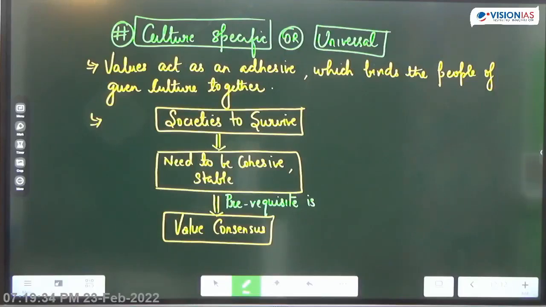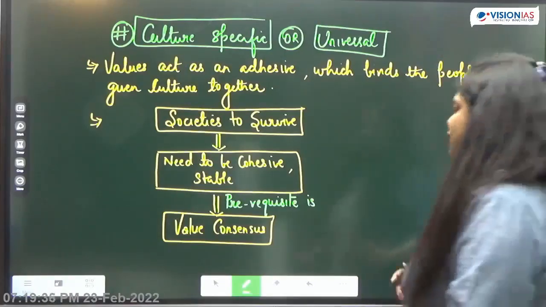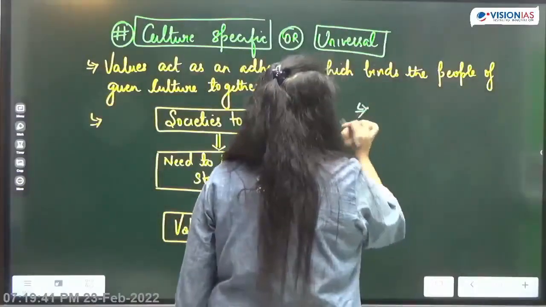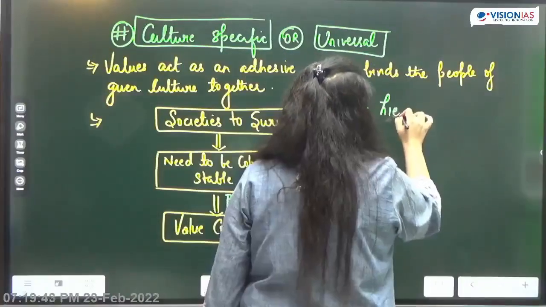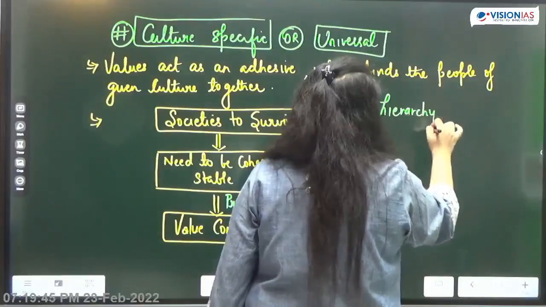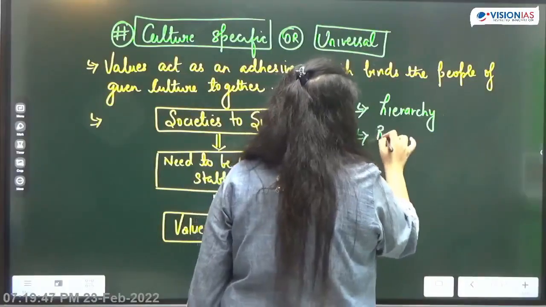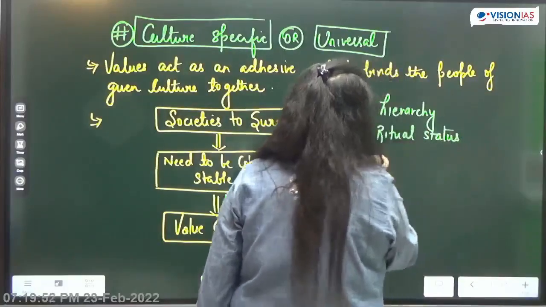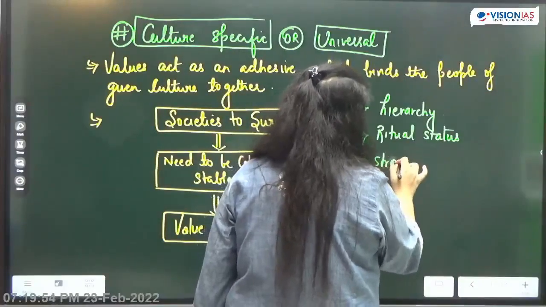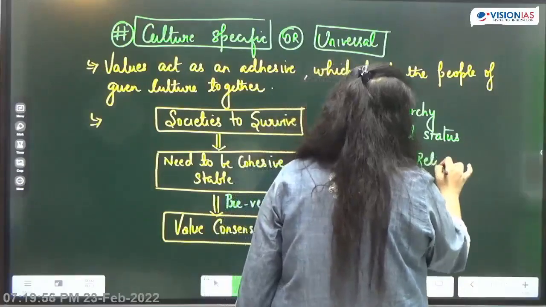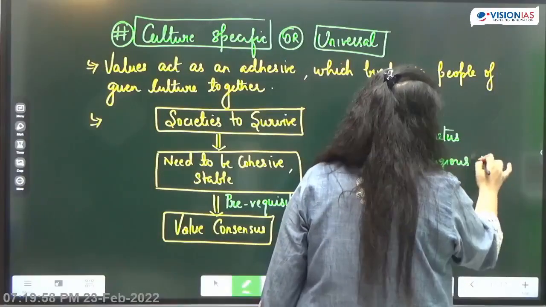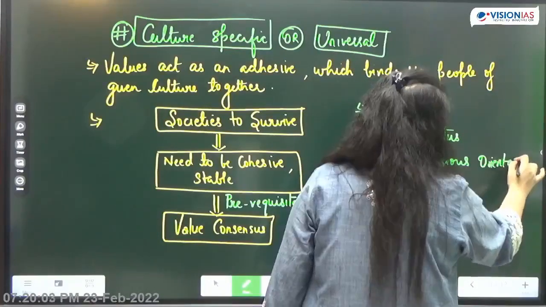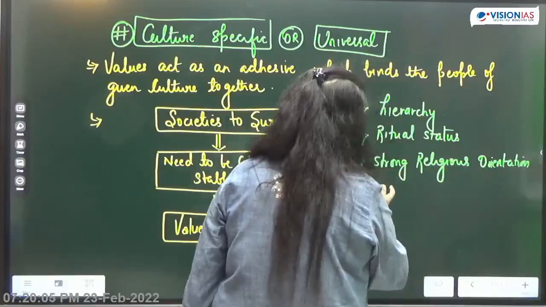Remember the first class of society? And I said that in traditional Indian society, there are certain values. Values of hierarchy. Hierarchy, it was ritual status. There was strong religious orientation. There was particularism.